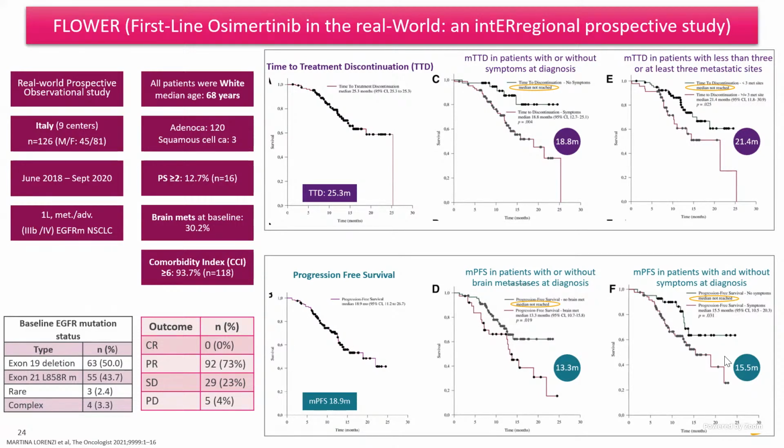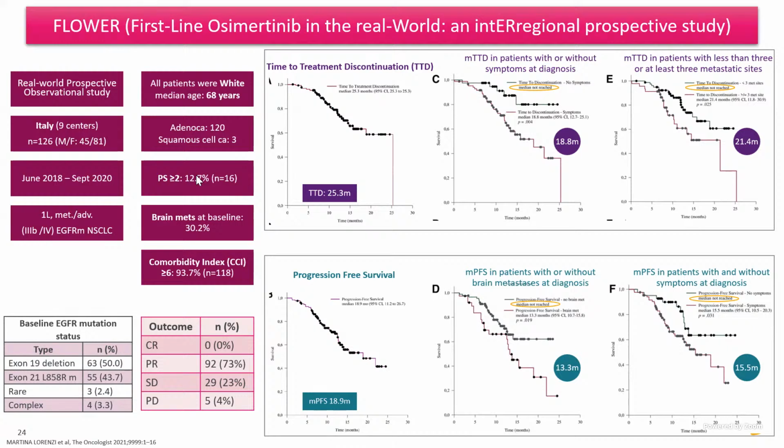So the FLOWER study: first-line osimertinib in real-world, an international, inter-regional prospective study. This is a real-world prospective observational study done in Italy at 9 centers, total number of patients 126, from June 18 to September 20. First line metastatic, advanced stage 3B EGFR mutated patients. All patients were white, median age 68, adenocarcinoma and squamous cell carcinoma.